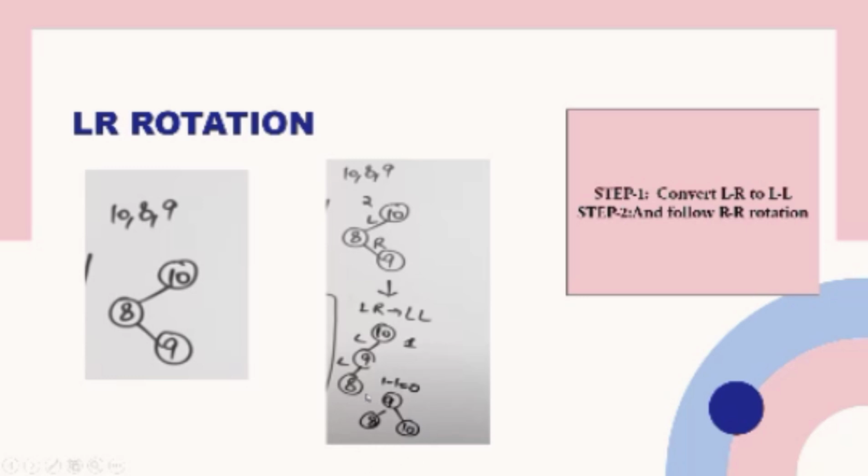Hence this is a balanced binary search tree and an AVL tree. So these are the four rotations that are made to convert the imbalanced binary search tree or non-AVL trees to acquire the properties of an AVL tree.